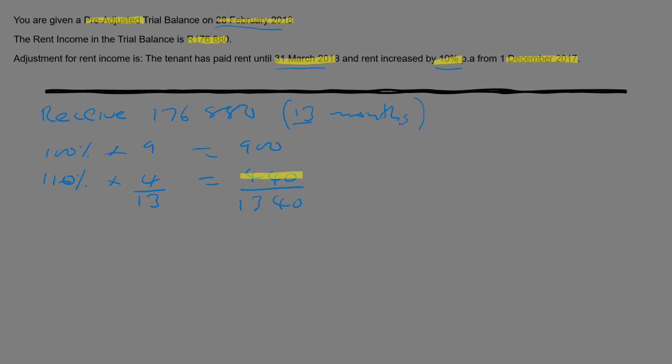Right, so what we need to do now is 440 divided by the total 1,340 times the total rent received, 176,880.